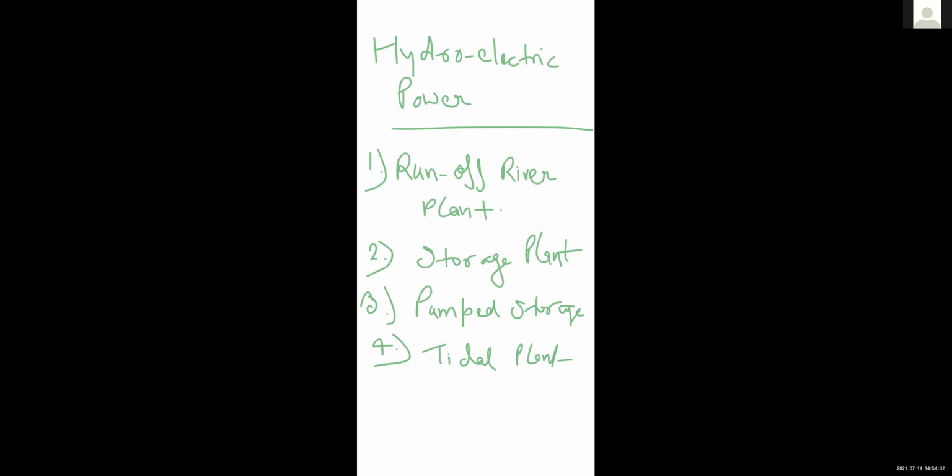So run-off river plants generally have a very limited storage capacity, and also to supplement the normal flow, a small storage capacity called pondage is provided for meeting the hour-to-hour fluctuation of load or stream flow over a day.